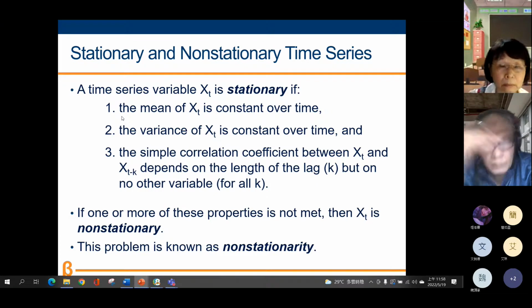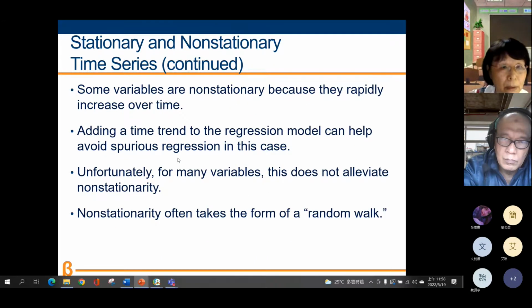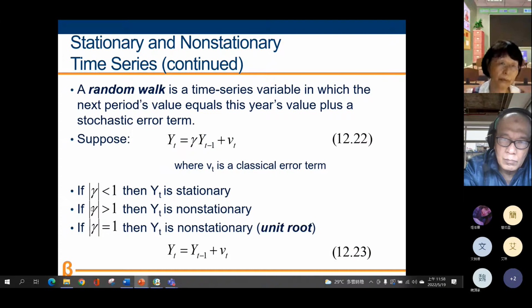These two properties also violate the definition of stationarity. Therefore, with the absolute value of gamma greater than 1, yt is called non-stationary.